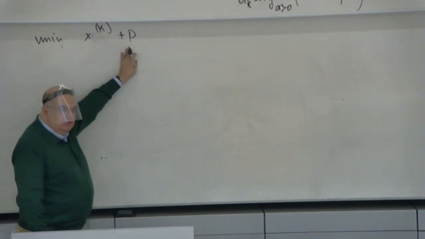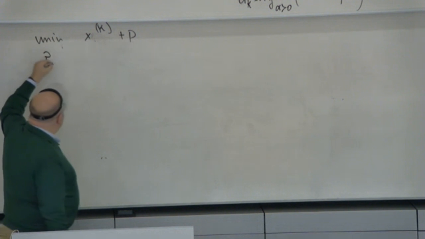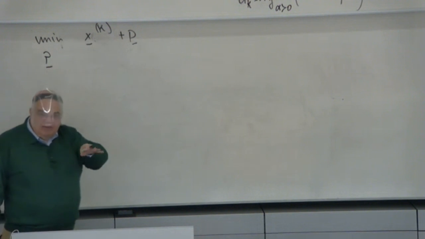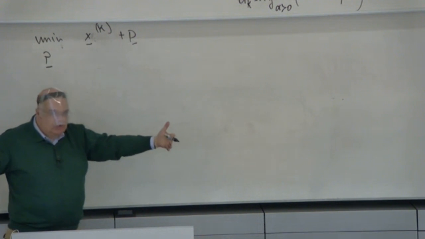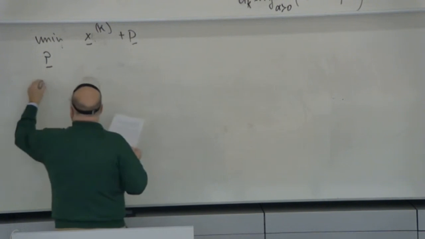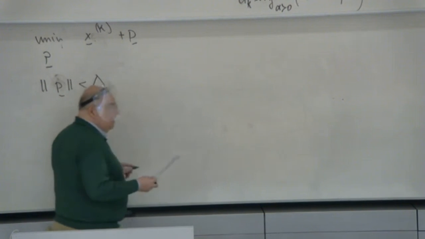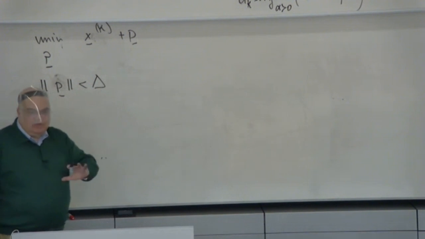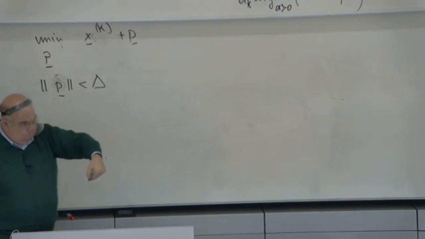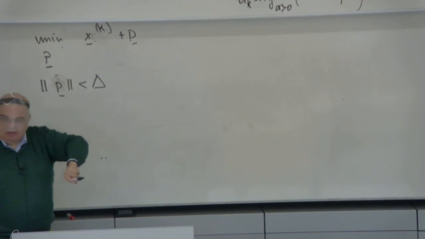Why? Because p is undetermined. It's part of the unknown. So we want to minimize with respect to p. Find the minimum direction given that the direction is not that large. Typically the condition is something like the norm of p is less than a given number delta, which means you stay in a neighborhood. Think of the two-dimensional case. You stay in a disk, and you look which direction is the best for you to choose to find the minimizer.